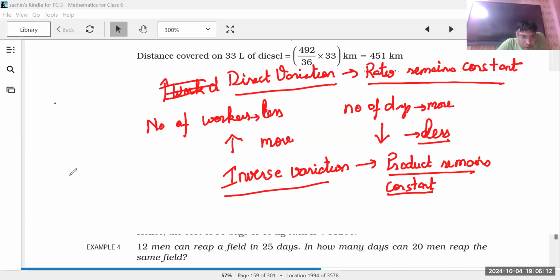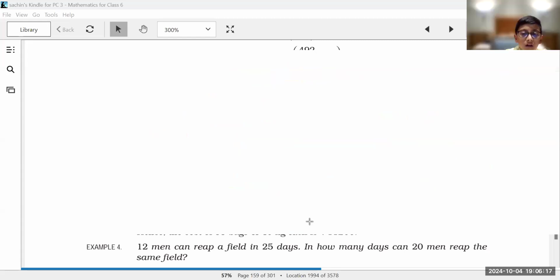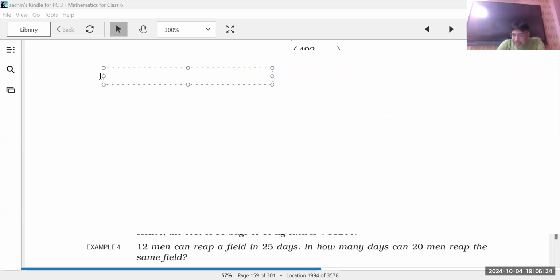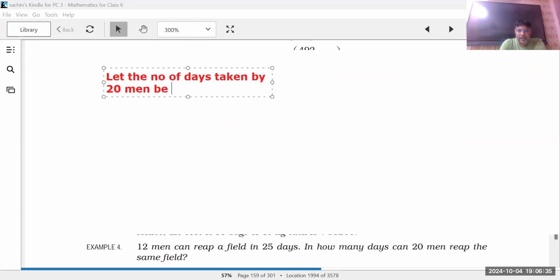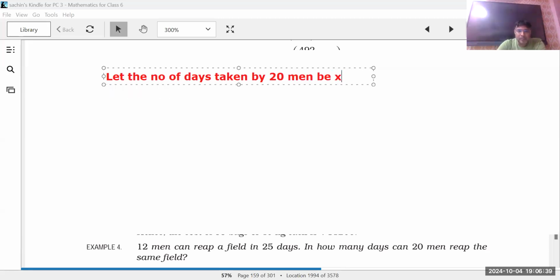So let me give you one example. The fourth one. If 12 men can reap a field in 25 days, how many days can 20 men reap the field? Let the number of days taken by 20 men be X. I told you the product remains constant.